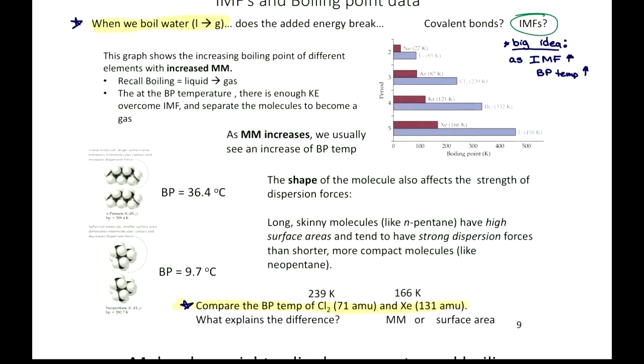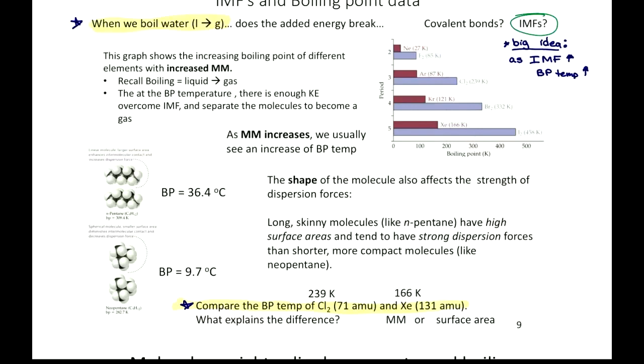Let's compare the boiling point temperature of chlorine and xenon. Chlorine weighs 71 AMU, xenon weighs 130 AMU, and here's the boiling point data. So just based on the numbers, which sample possesses more intermolecular force attractions, chlorine or xenon?